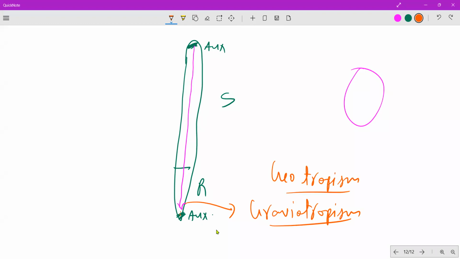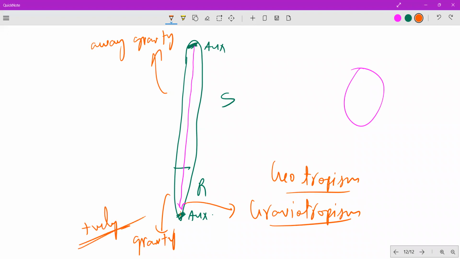Why do roots always move towards gravity, and shoots, we know, move away from gravity? Roots we know are positively geotropic, and shoots we call negatively geotropic.